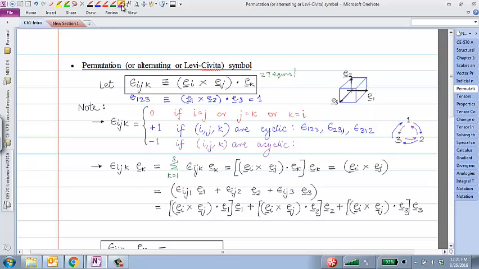And in the same way, the other three negative numbers are obtained in the anti-cyclic case, where I would get sequences like 3,2,1 or 2,1,3 or 1,3,2. So all of those numbers would be negative ones. So 3,2,1, 2,1,3, and 1,3,2.